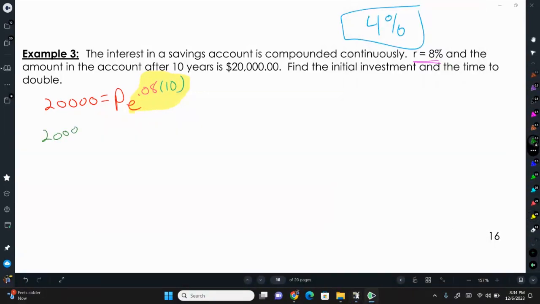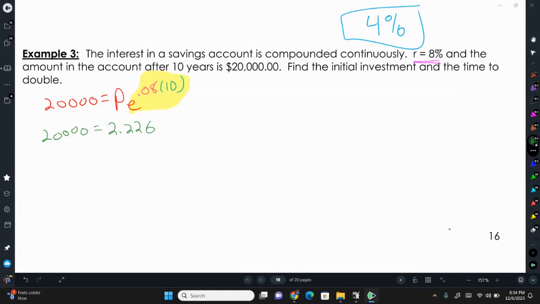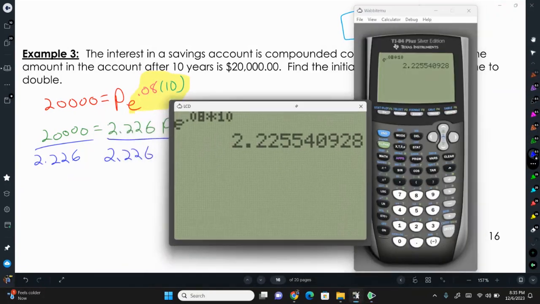So 20,000 equals 2.226 times P. We'll divide both sides by 2.226, and that's going to give us how much money we started with.